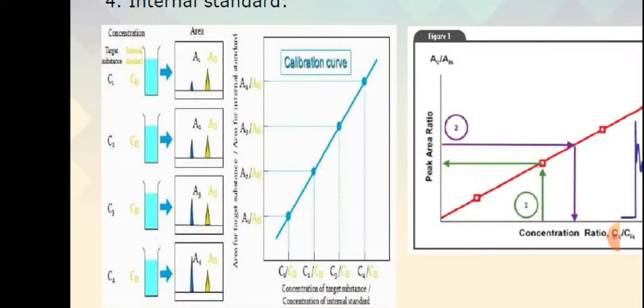The blue peak is for your reference standard and the yellow peak is for your internal standard. We take the ratio of these, and that ratio is plotted on the y-axis. On the x-axis we have the concentration of your standard divided by the concentration of your internal standard. We know both concentrations because these are the standards. Then we can plot a calibration curve.